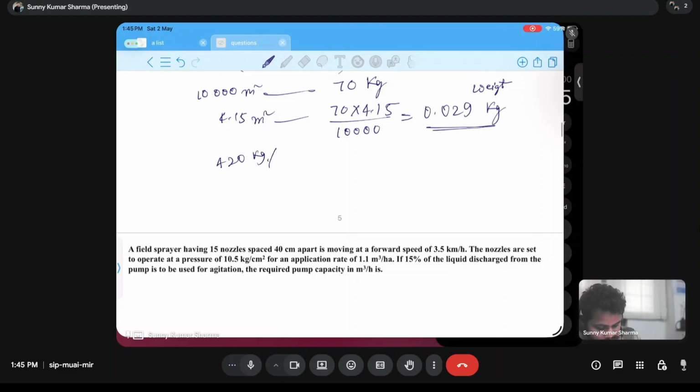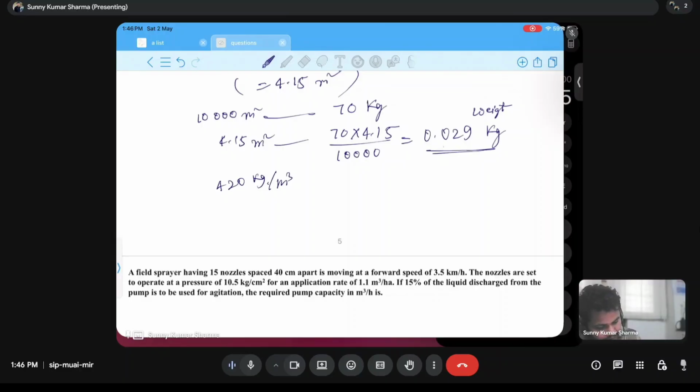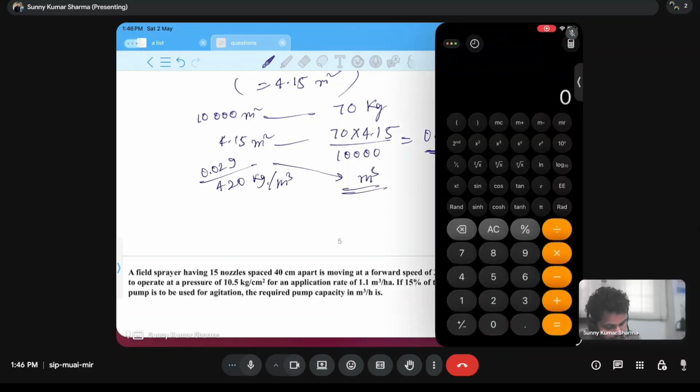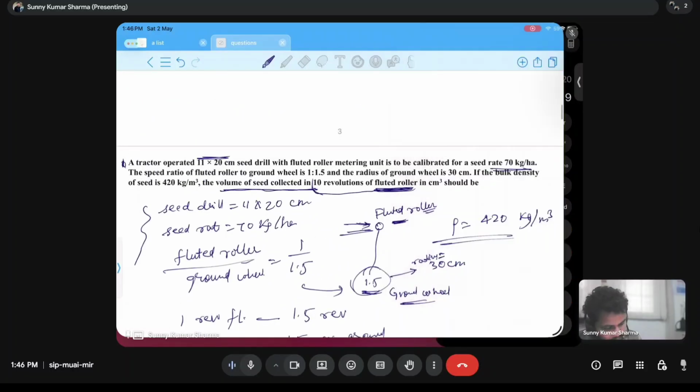We are given that 0.029 kg is being dropped, so we divide 0.029 by 420 kg per meter cube, and we get the volume in meter cube. What we are asked is in centimeter cube.